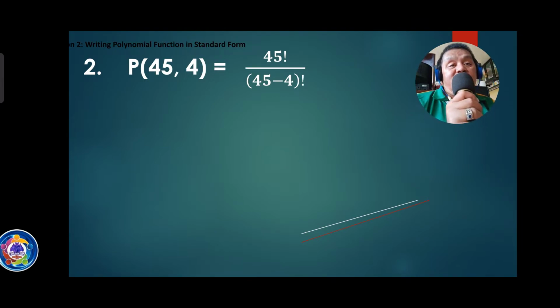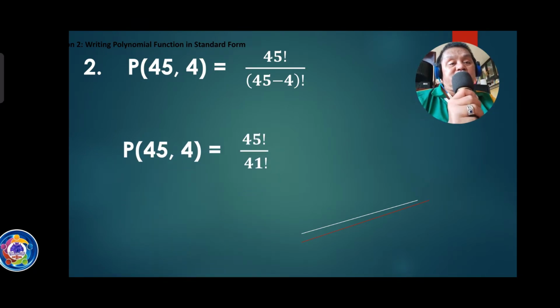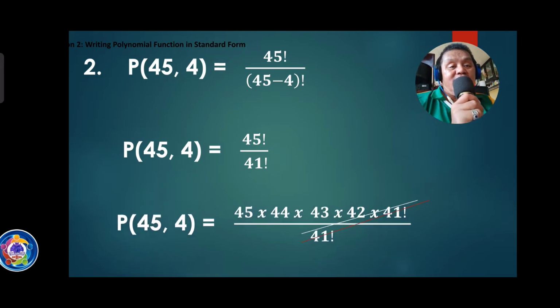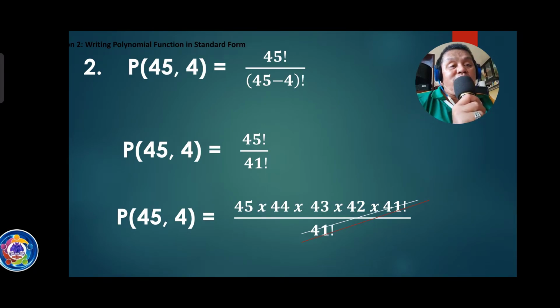Substitute N equals 45 and R equals 4, so we have 45 minus 4 factorial, which is 45 factorial divided by 41 factorial. 45 factorial can be written as 45 times 44 times 43 times 42 times 41 factorial, all over 41 factorial.